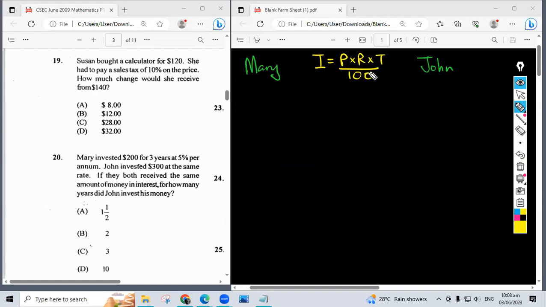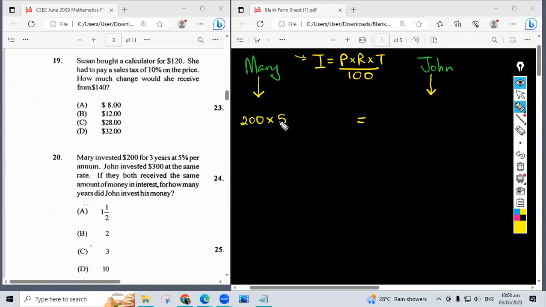Well, all we know for sure is that Mary and John got the same exact interest. So what we're going to do is write a formula to calculate Mary's interest and then a formula to calculate John's interest, and then we're going to put them equal to each other because the interests are equal. For Mary, she invested $200, that's the principal.